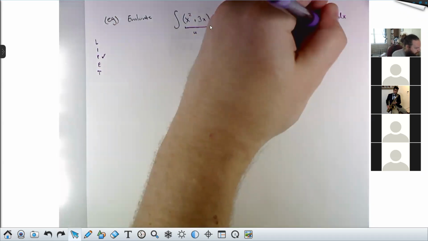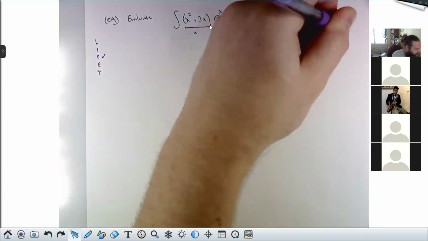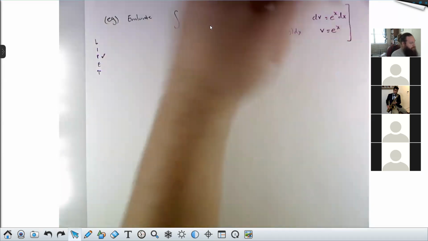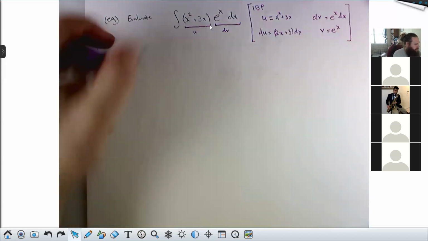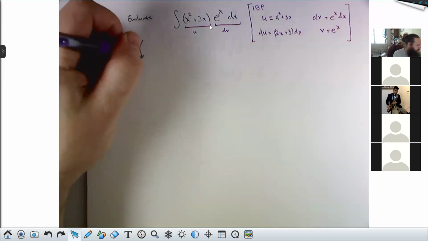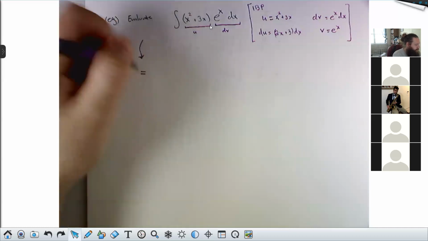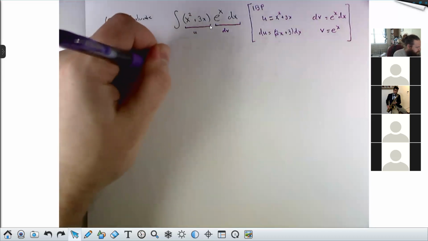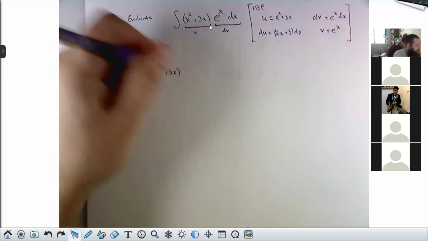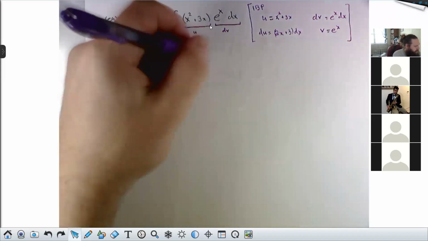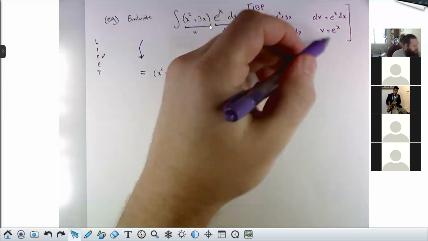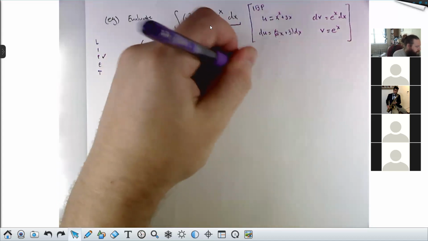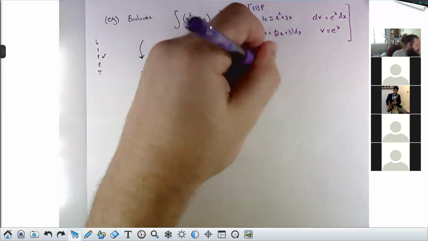V, if I integrate e to the x dx, I just get e to the x again. So here's our little integration by parts table. And then applying my IBP formula, I see that this integral is equal to u times v, so that's x squared plus 3x times e to the x minus the integral of v times du, which is e to the x times 2x plus 3 dx.